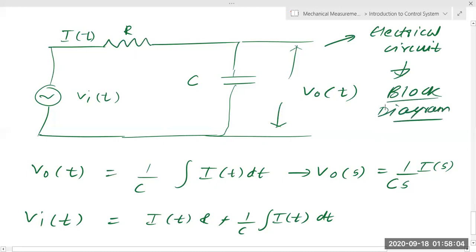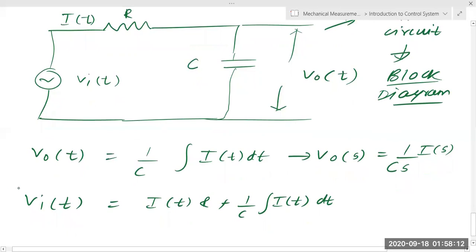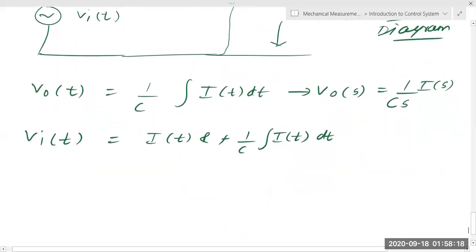Okay, now I'll just tell you what is going to happen here. If you try to remember, if I find Vi of S, just give me a second. If I try to find Vi of S, it will be equal to I of S, again 1 by Cs, I of S, that's it.